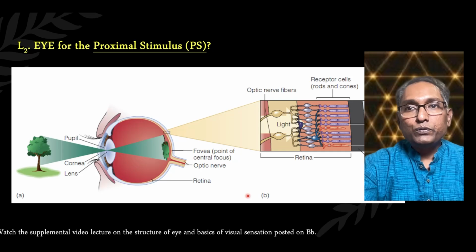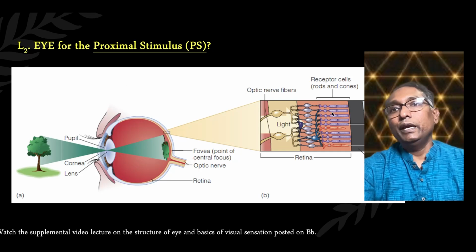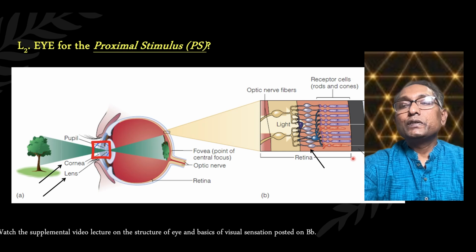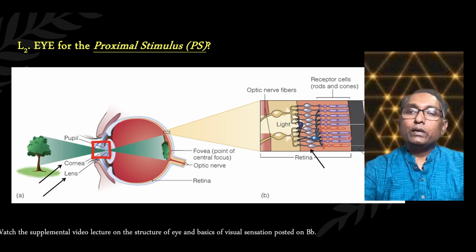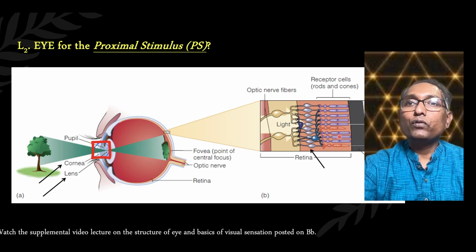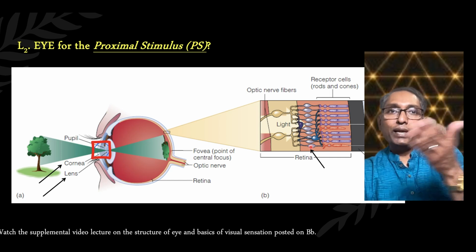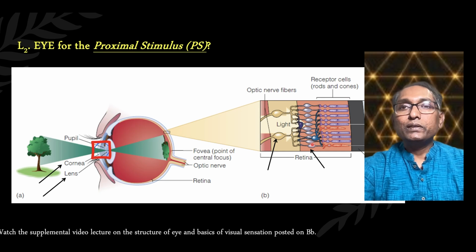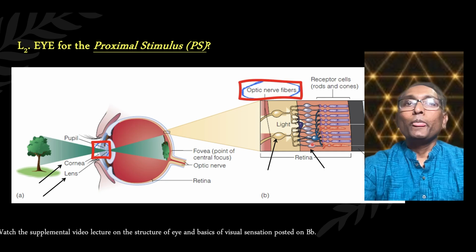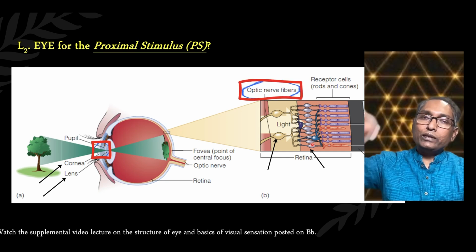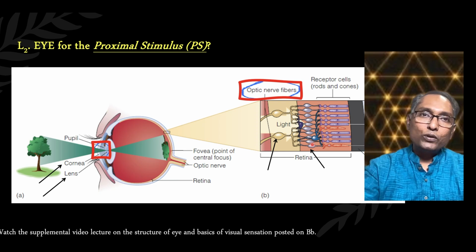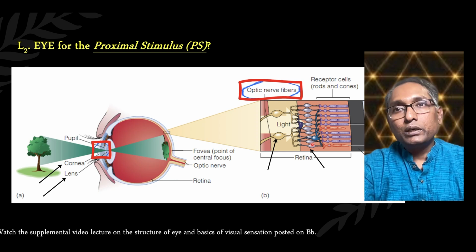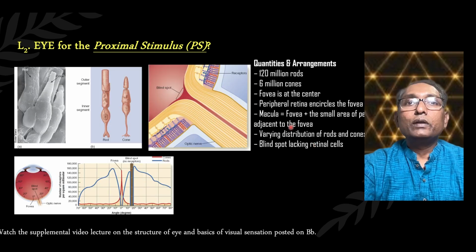The proximal stimulus, as we discussed, is the generation of the electrical signals in the photoreceptors. Once the information is captured, it goes from the photoreceptors to the next layer of retinal cells called the bipolar cells. From the bipolar cells, it goes to the ganglion cells, and all the axons of the ganglion cells come out of the eye as the optic nerve, and it goes to different parts of the brain.